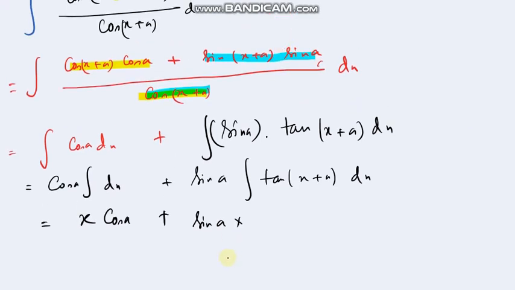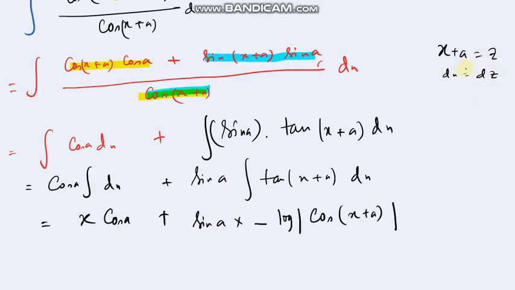So it will be minus log mod cos of x plus a. Why x plus a? Because here my variable changes from x to x plus a, and you know that if x plus a equals z, dx will remain as dz, so there won't be any change in the formula. If anything is added or subtracted with the variable, that doesn't impact our formula, so the formula remains the same.